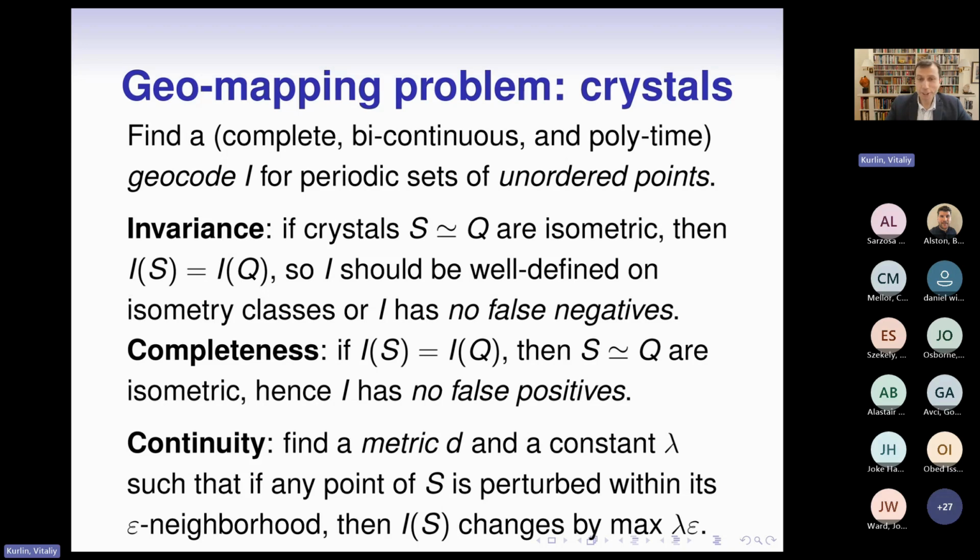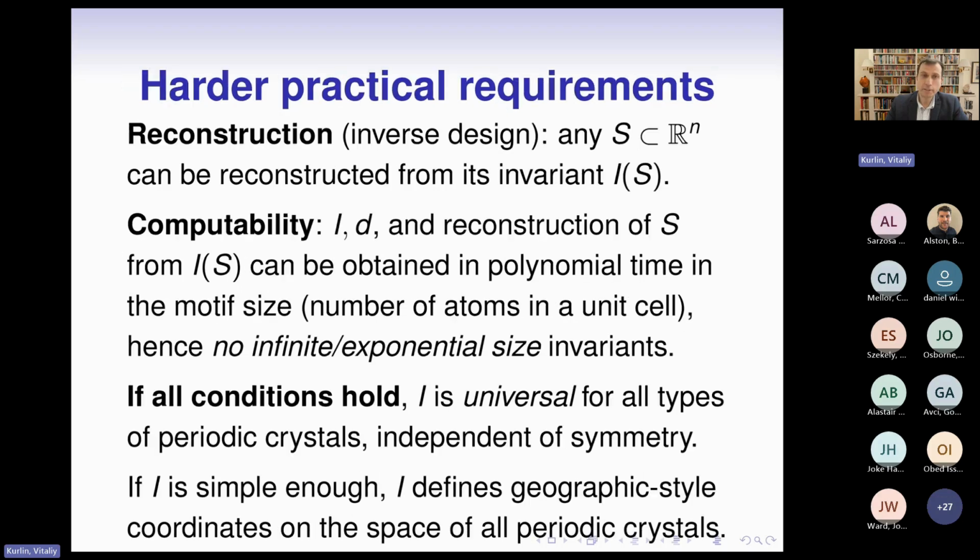These are not all the conditions, because mathematicians can easily solve this problem by simply taking an invariant of some infinite size. For example, the collection of all crystallographic information files representing one crystal structure. This would be a trivial but not practical solution. That's why we need not only complete and continuous invariants, but good invariants, particularly fast to compute.